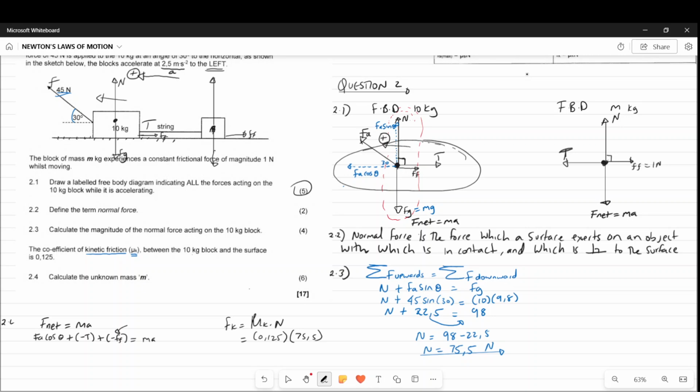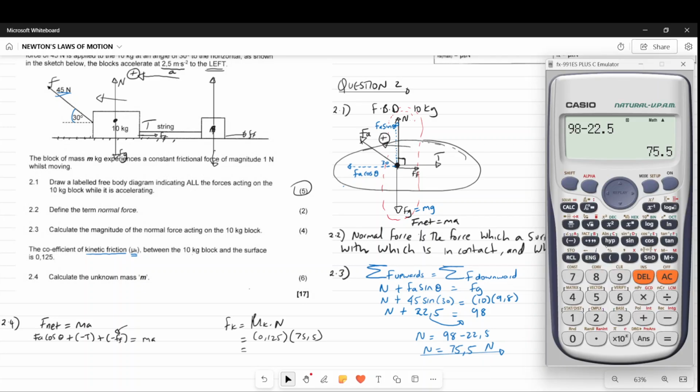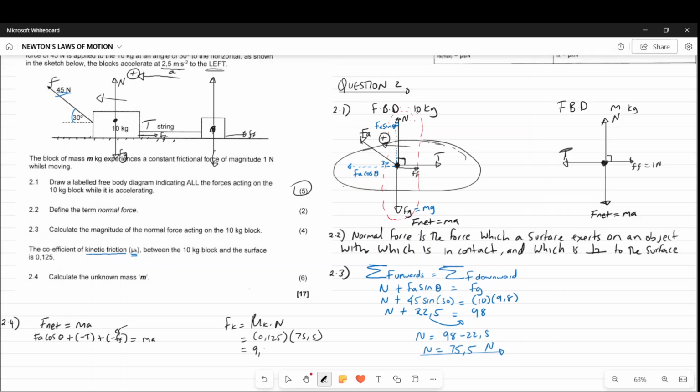So 0,125 times 75,5, and our final answer will be 9,4375 newtons.